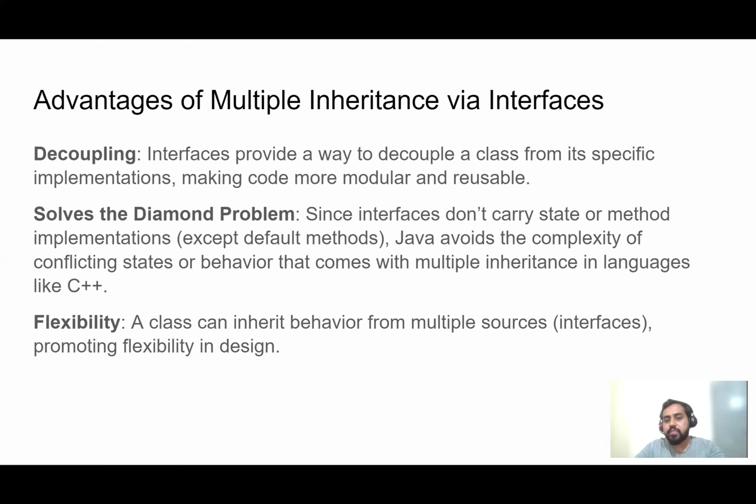But in the case of interfaces, whether it's a default method or only a method declaration, it's the child's duty to override that method. And if the child wants the implementation of a default method written in an interface, it should clearly mention it using the interface name, the super keyword and the method name. So in interfaces, this diamond shape problem will not occur.